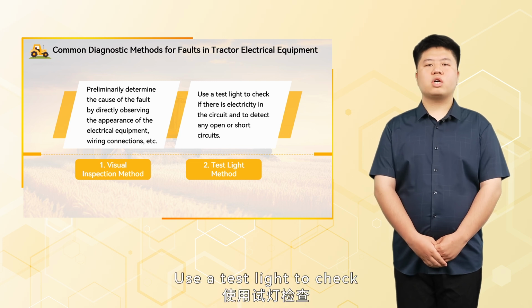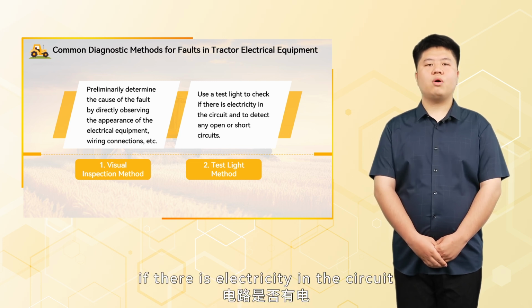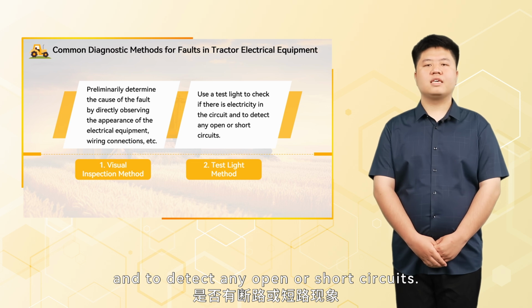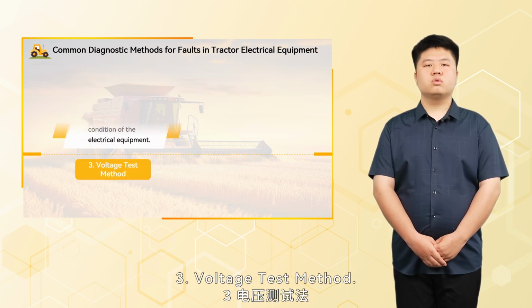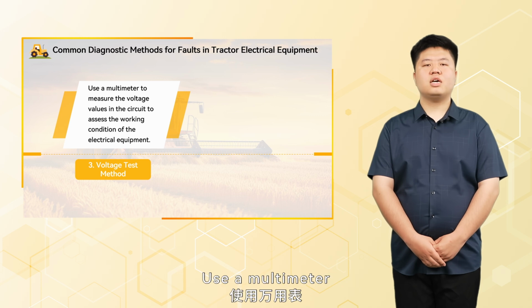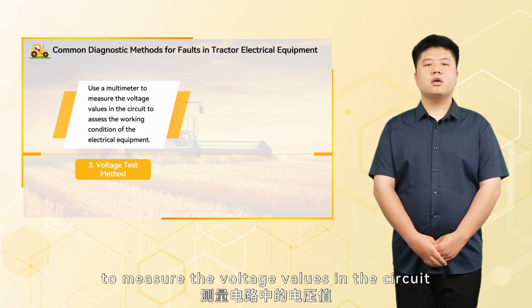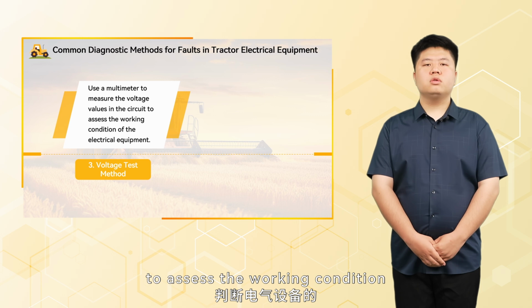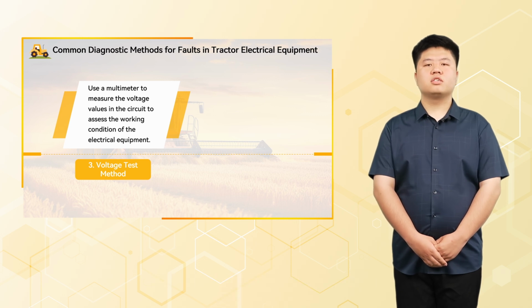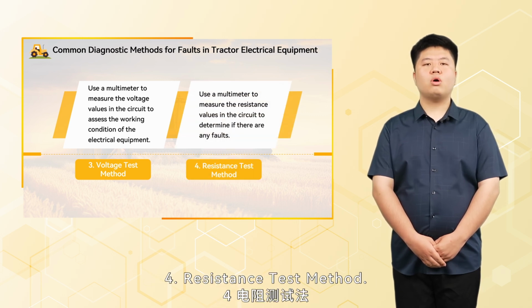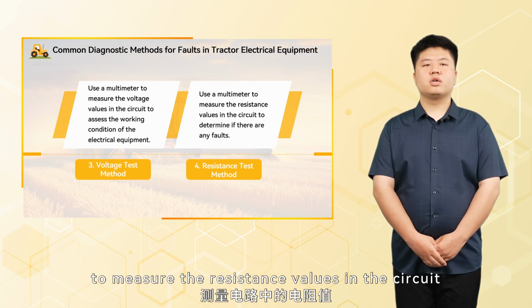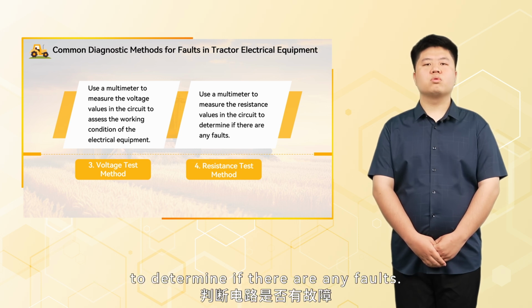Use a test light to check if there is electricity in the circuit and to detect any open or short circuits. 3. Voltage test method. Use a multimeter to measure the voltage values in the circuit to assess the working condition of the electrical equipment. 4. Resistance test method. Use a multimeter to measure the resistance values in the circuit to determine if there are any faults.